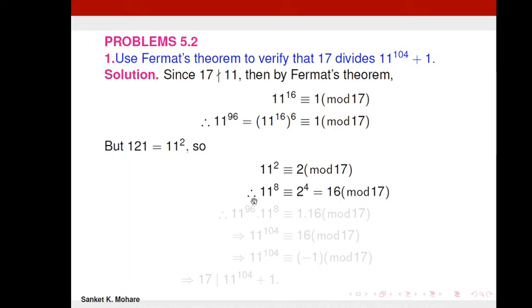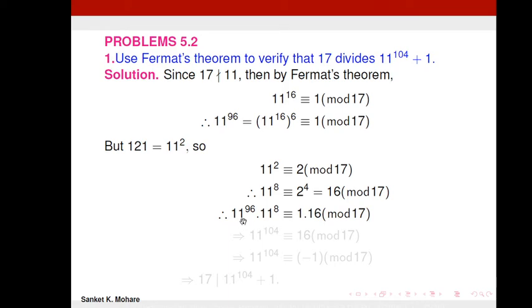Now finally we arrive at 11 raised to 96 into 11 to the power 8. So 8 plus 96 is 104. So finally we arrive at 11 to the power 104.